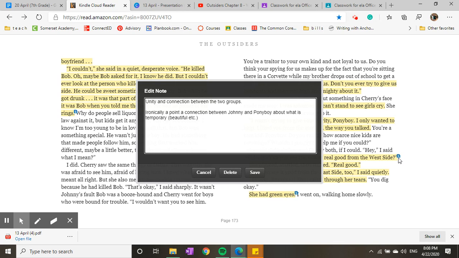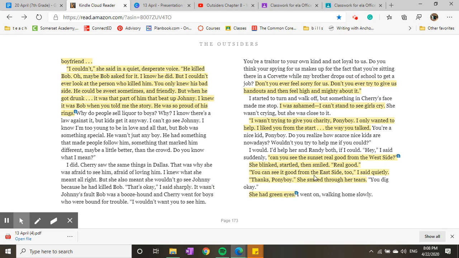This is also ironic, coming in this conversation where they're talking about Johnny, and he's kind of upset about it, because sunsets are also a point of connection between Johnny and Ponyboy about what is temporary or beautiful. And when we're talking about them both looking at it, they both see things that are fleeting and beautiful.